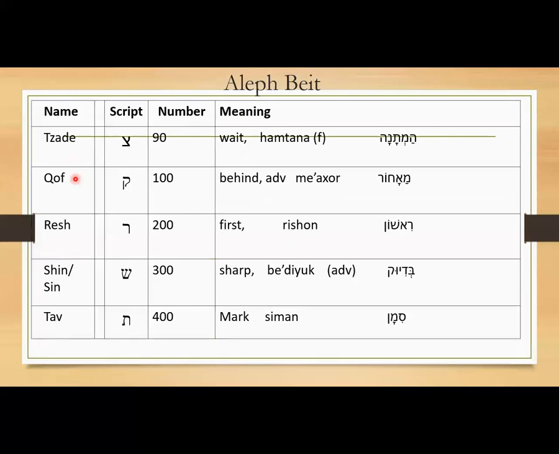Tzadi. There is tzadi. It looks like a man standing on his knees with his hands raised up to the air to God. And its value is 90. And the meaning, we're going to use the word that says wait.